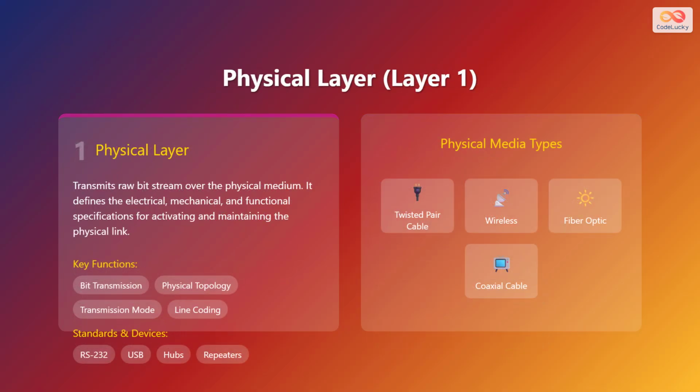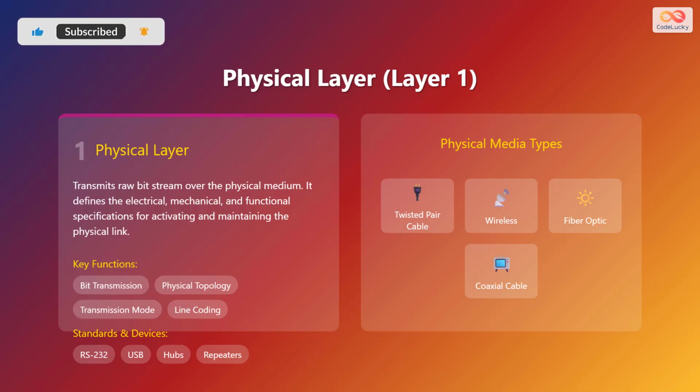Finally, let's examine the physical layer, also known as Layer 1. The physical layer transmits raw bit streams over the physical medium. It defines the electrical, mechanical, and functional specifications for activating and maintaining the physical link. Key functions of the physical layer include bit transmission, defining the physical topology, determining the transmission mode, and line coding.